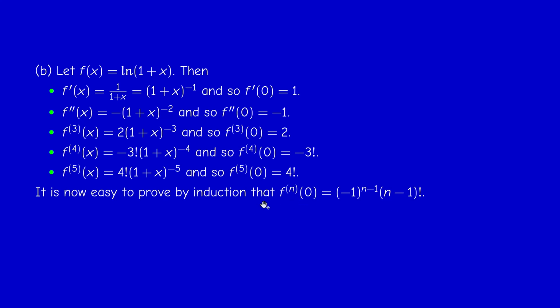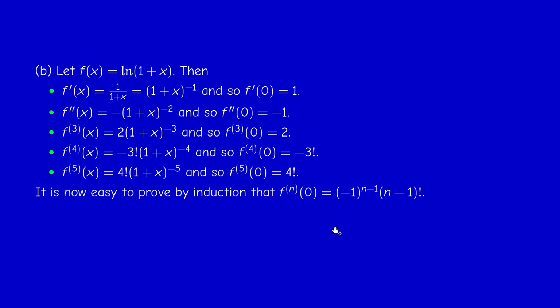You can prove this by induction if you like, if you are not convinced, but you need a formula for this. So the formula is f^(n)(x) is (n-1) factorial times (-1)^(n-1) times (1 plus x)^(-n). Right? So you can prove it by induction if you like.